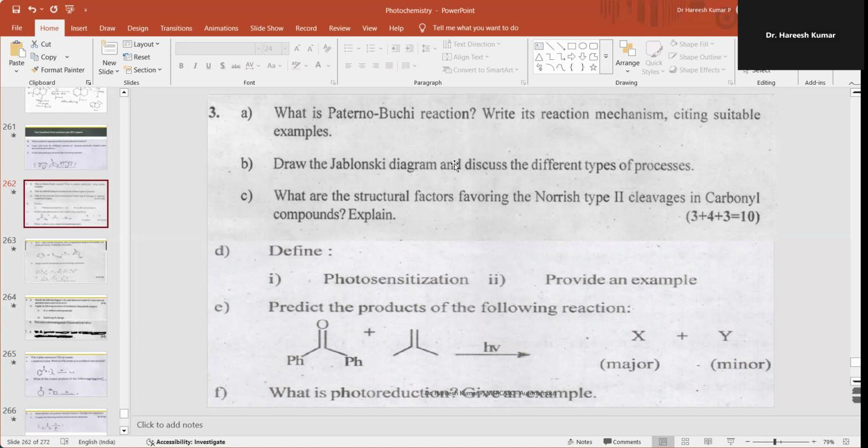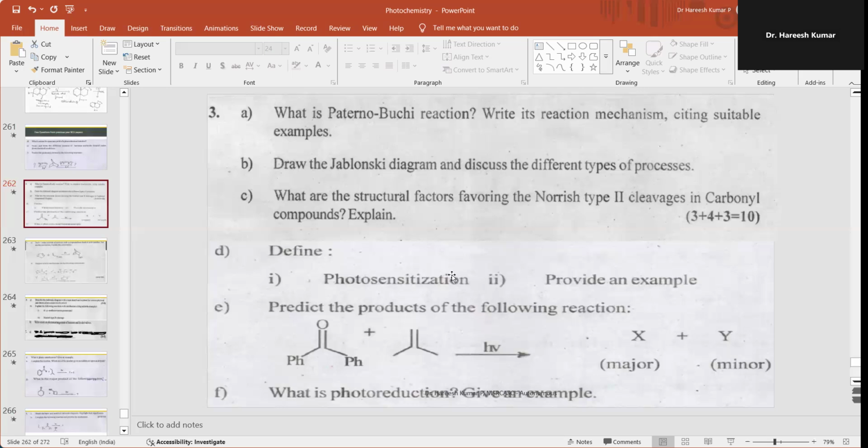We can also discuss what is fluorescence, what is phosphorescence, what is intersystem crossing, what is internal crossing. Those things we have to discuss and we have to draw a Jablonski diagram. Then write the structural factors favoring the Norrish type 2 cleavage. Norrish type 2 cleavage means carbonyl compounds having gamma hydrogen. Carbonyl compounds having gamma hydrogen undergo Norrish type 2 reactions.